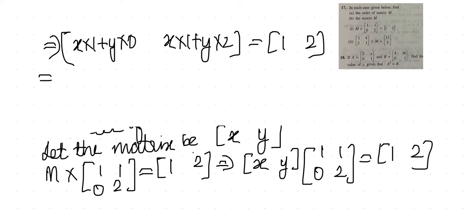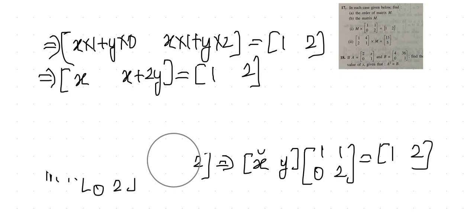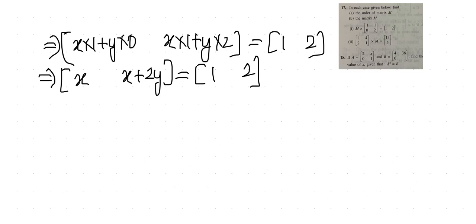So here what you are getting, children: X plus 0, so this is X, and here X into 1 plus Y into 2, which is X plus 2Y, is equal to [1, 2]. So what is this implying, children? This question can be marked as important, children. X is equal to 1 and X plus 2Y is equal to 2.